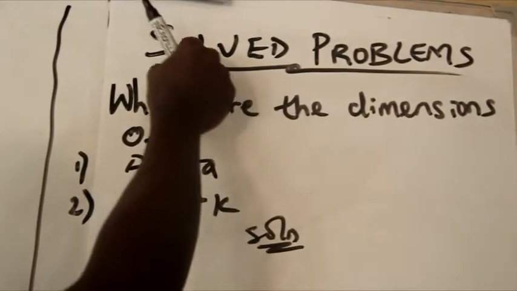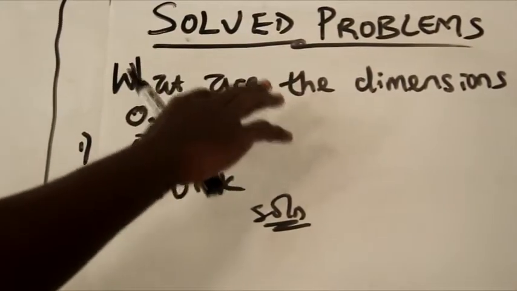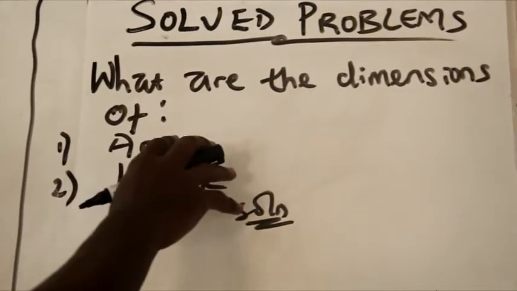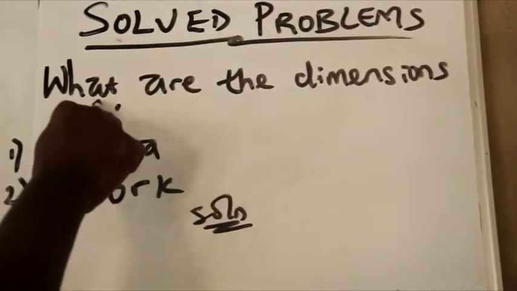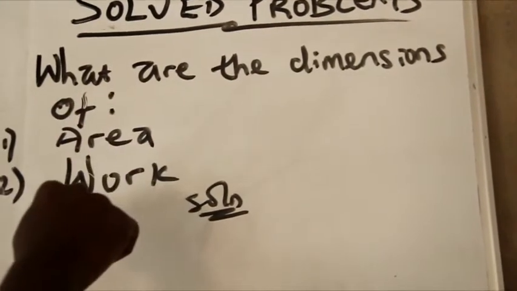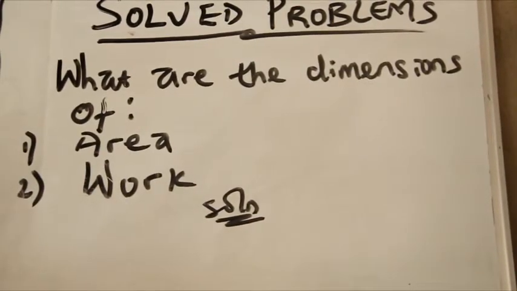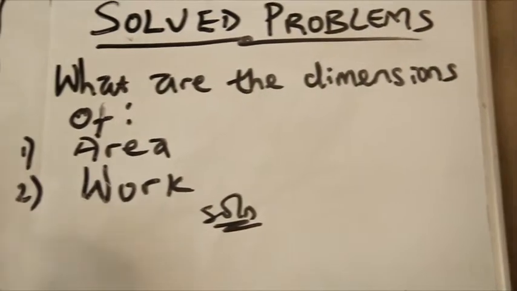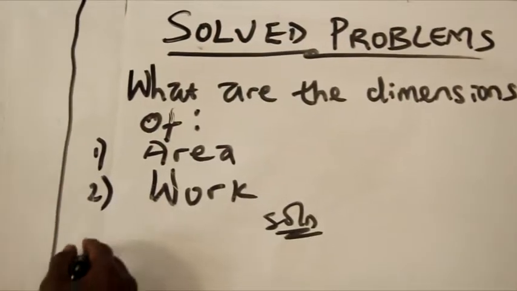So let us look at these two examples. What are the dimensions of area and work, right? So let's see how we can do that. Let us start with area.